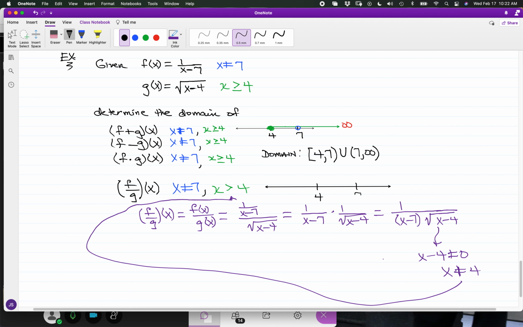So we have the numbers 4 and 7. 7 again is excluded. And since x is greater than 4, where I had a bracket or a solid point on 4, I'm going to have a hole instead.